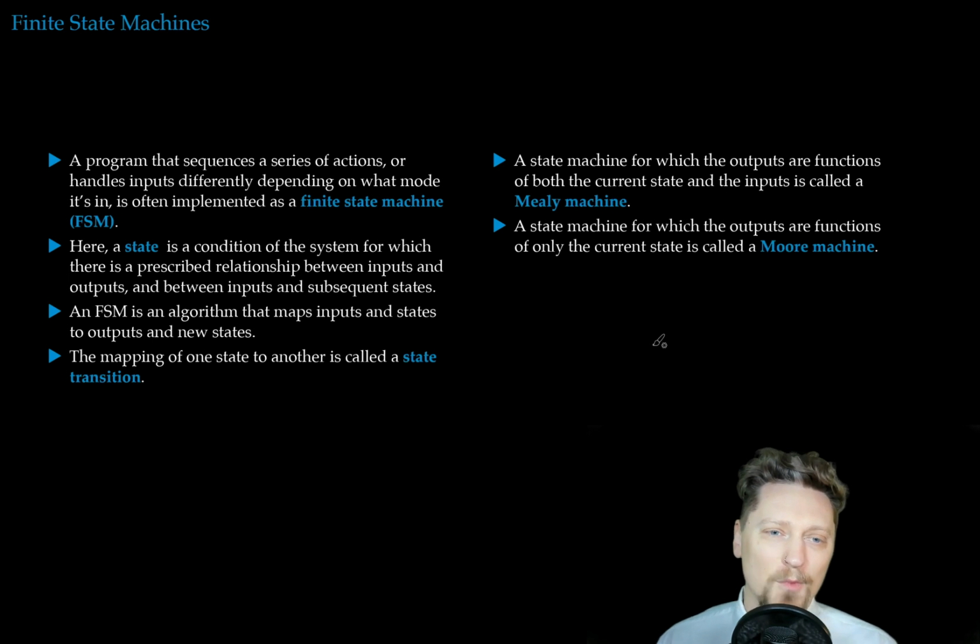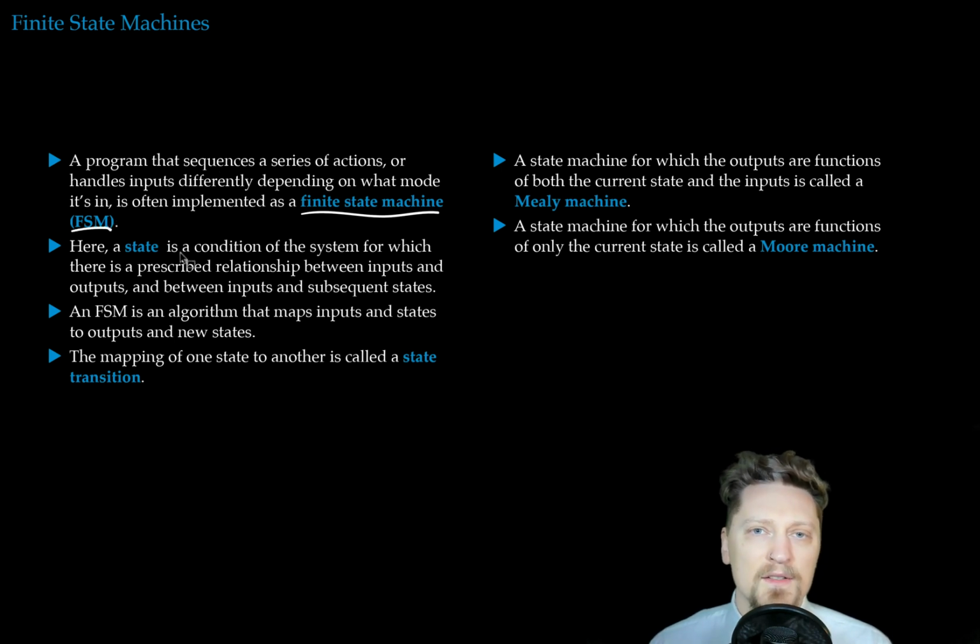Finite state machines is what we're talking about today. A program that sequences a series of actions or handles inputs differently depending on what mode it's in is often implemented as a finite state machine, or FSM.